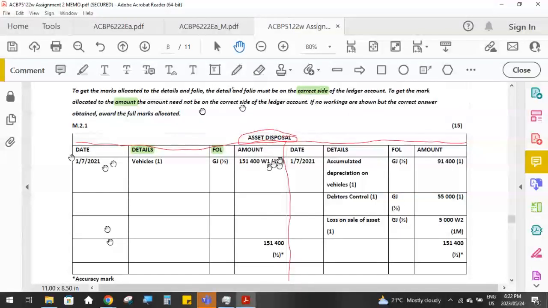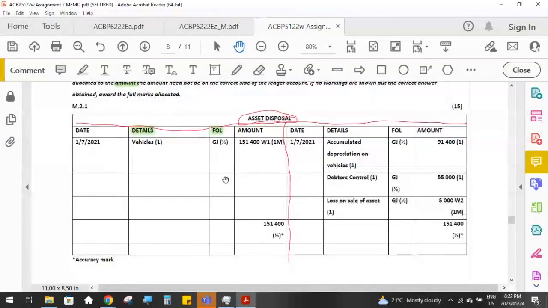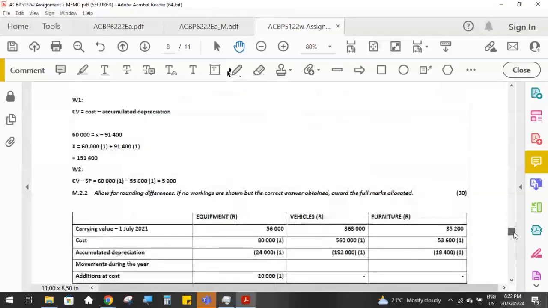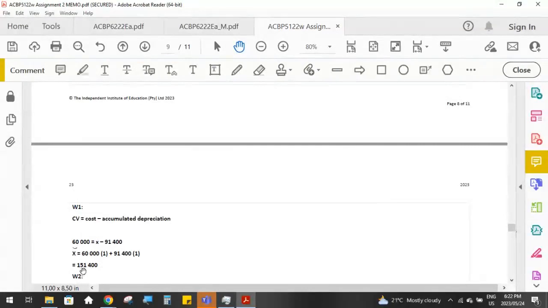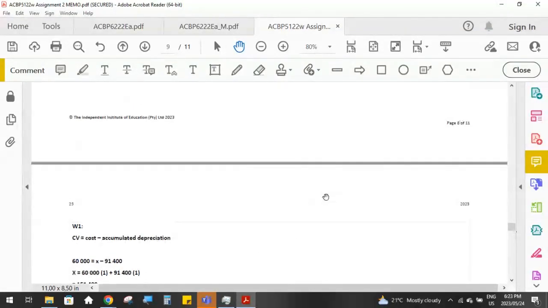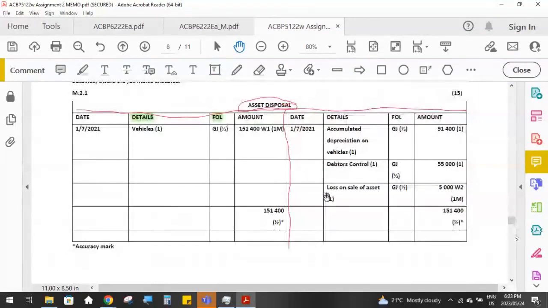So we had to add those two together to calculate the cost of the vehicle. Where's our workings? Here we go. Cost plus accumulated depreciation equals the 151,400.